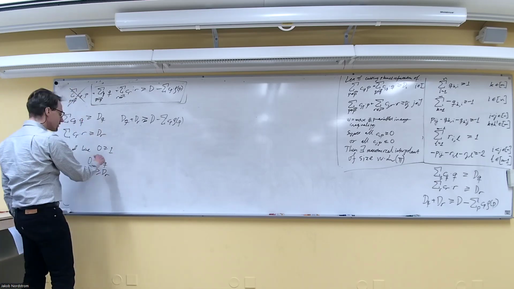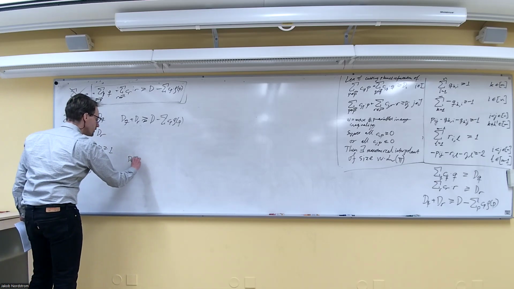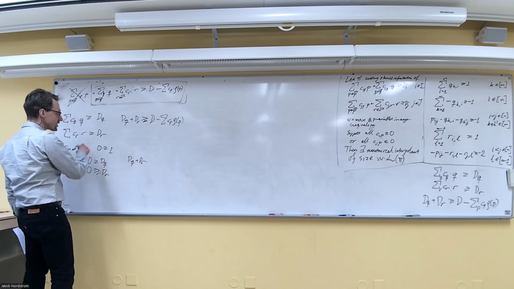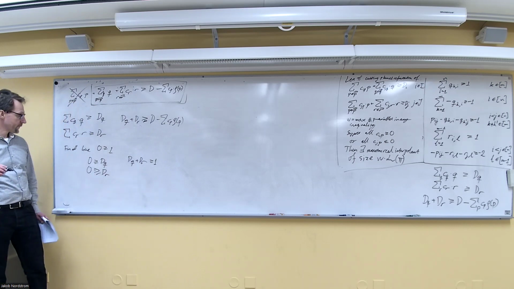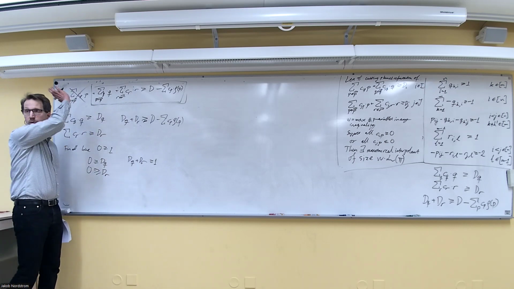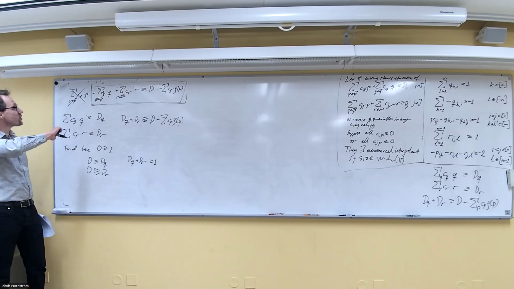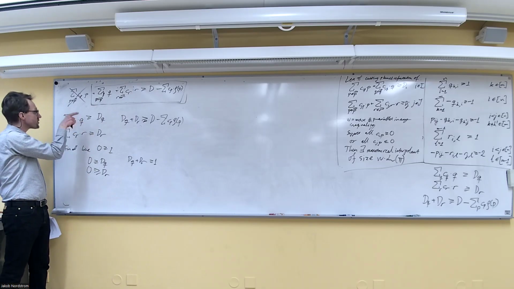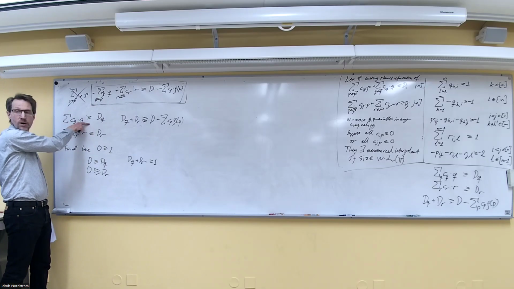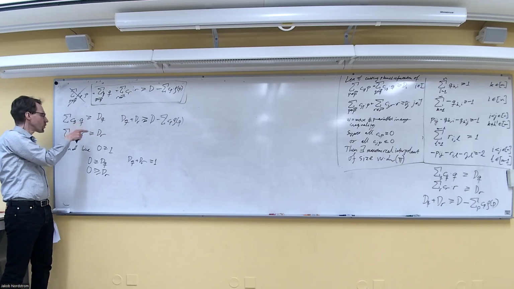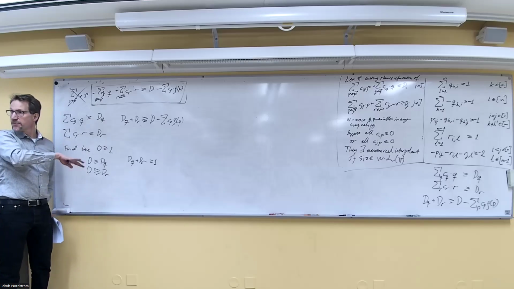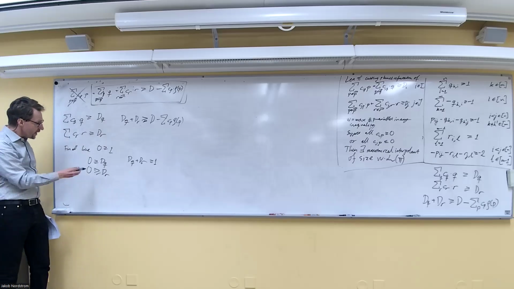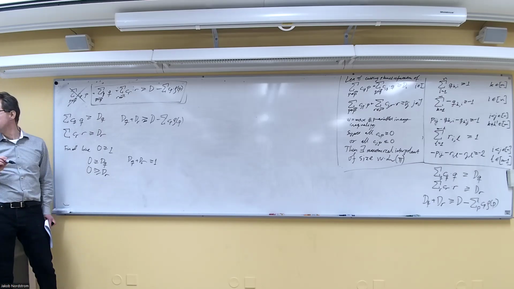And then I know that DQ plus DR is greater equal D, which is 1. Also, the way I'll do the splitting, this will always be derived from the Q part of the formula, and this will always be derived from the R part of the formula. So I will run two derivations in parallel, and then I end up with these two inequalities.